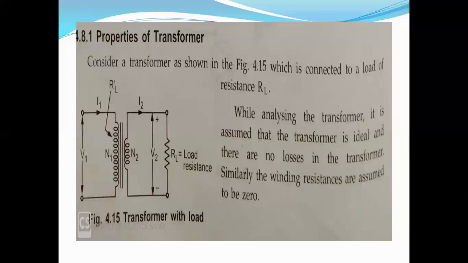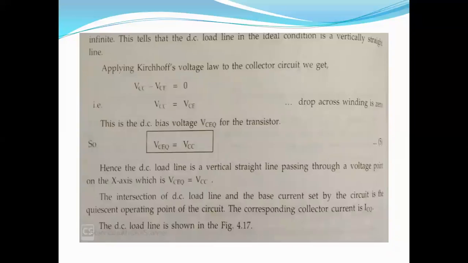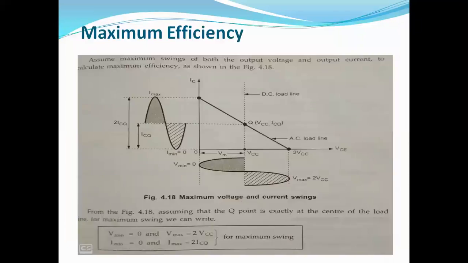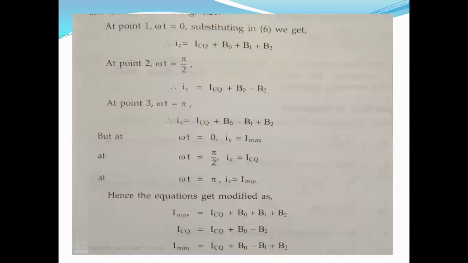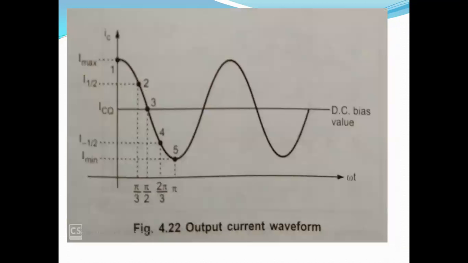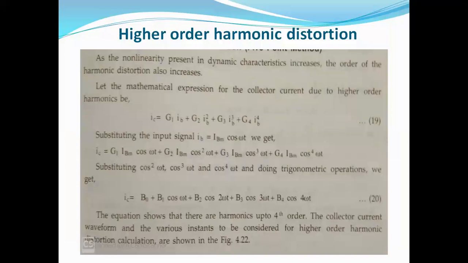As the nonlinearity increases, automatically harmonic distortion also increases. Nonlinearity means we have some distortion at the output. That means the output is not exactly reproduced as that of the input because of the distortion. That means we cannot have a linear curve.